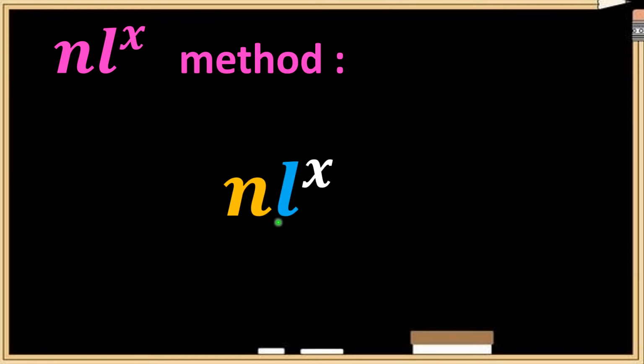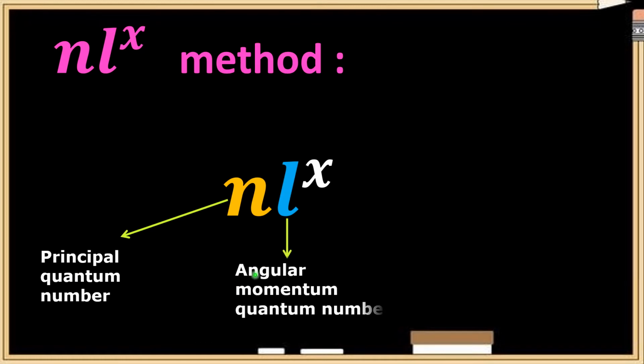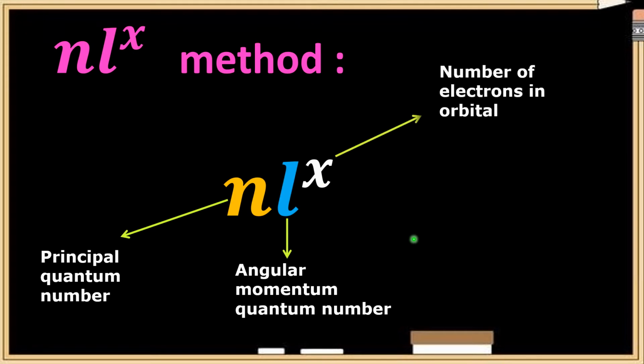In the nlx method, n represents the principal quantum number, l represents the angular momentum quantum number. n takes values 1, 2, 3, 4 like this. l takes values 0, 1, 2, 3, 4 like this, isn't it? And x is nothing but the number of electrons in that particular orbital.